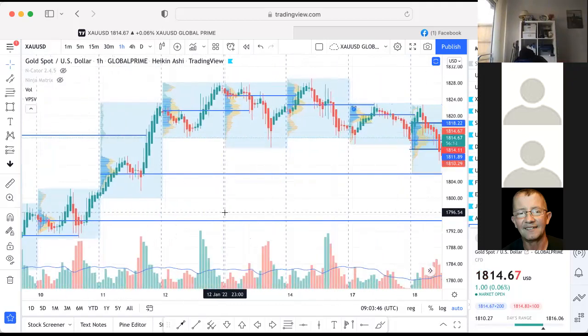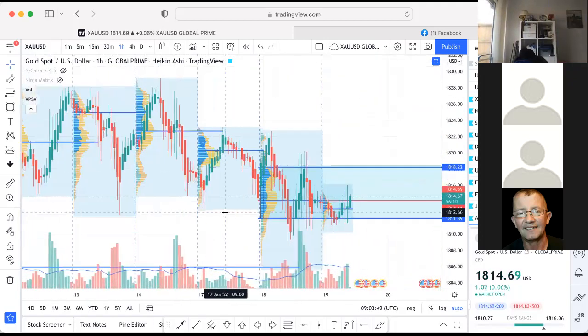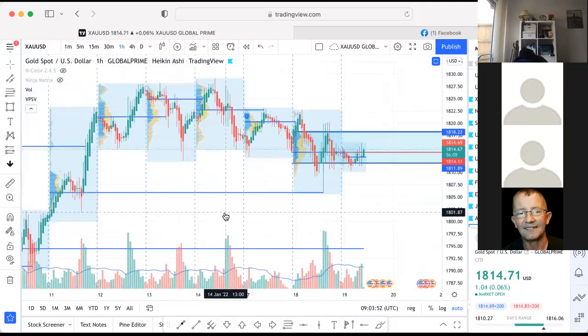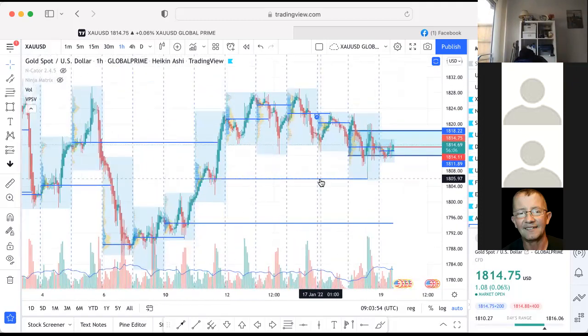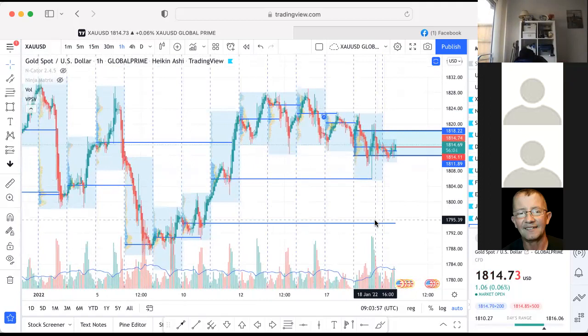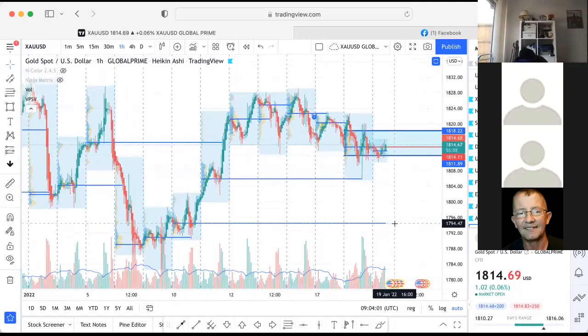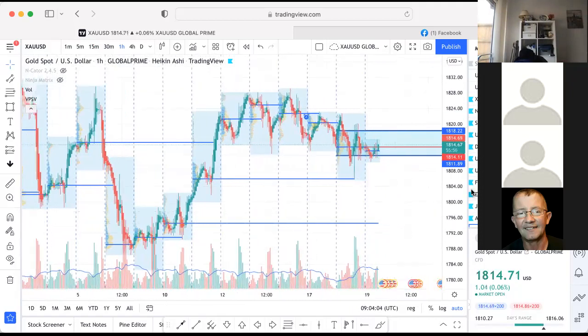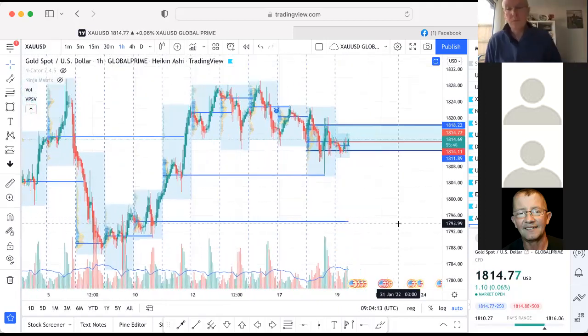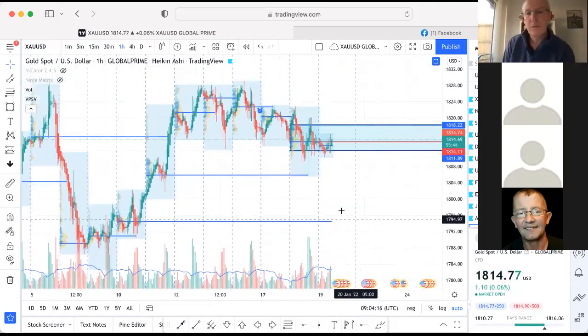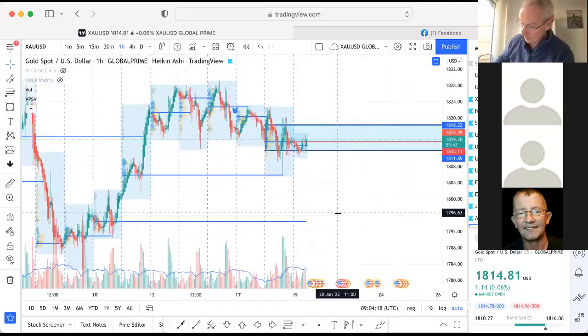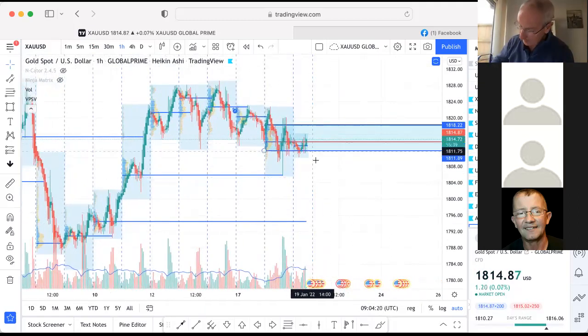And if they're going to get that money back, they're going to have to take price back to that point at some stage. So there's a price which is worth bearing in mind. The price to take note of is 1794.47. And if price is going to go on a wander, or as Jeff calls it, discovery mode, it's probably going to go down to this area.